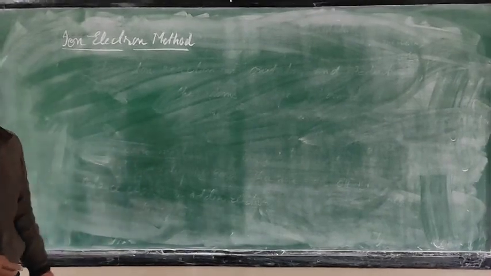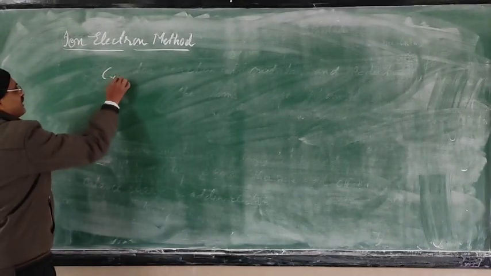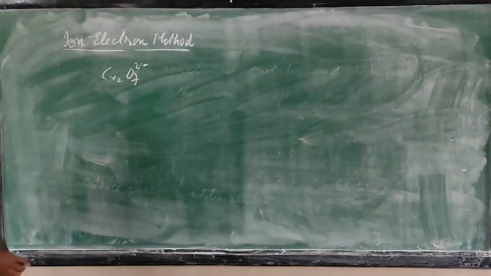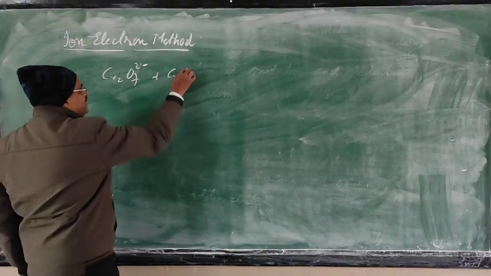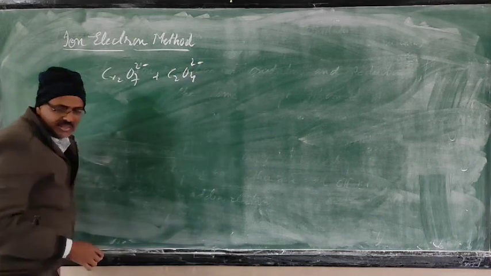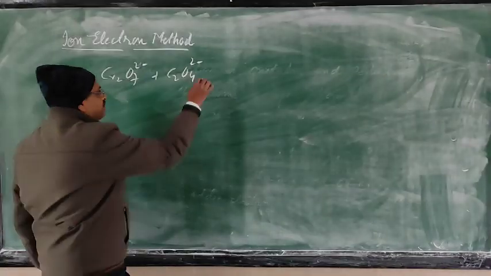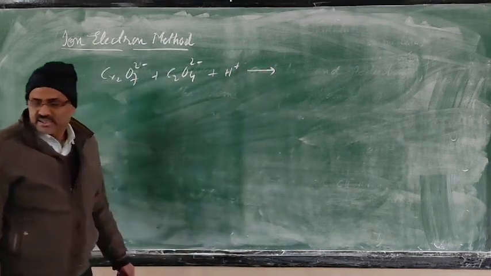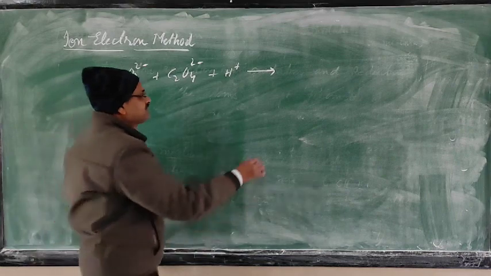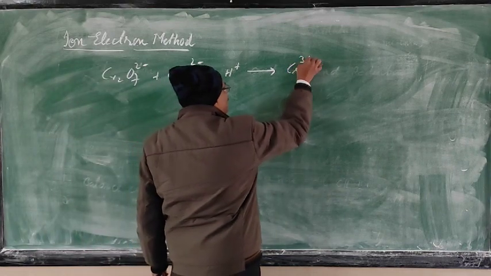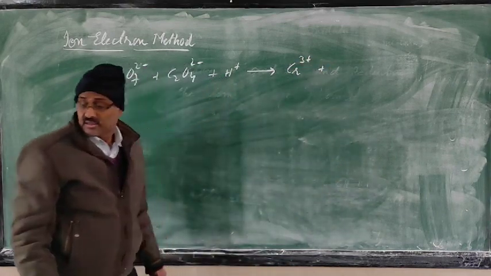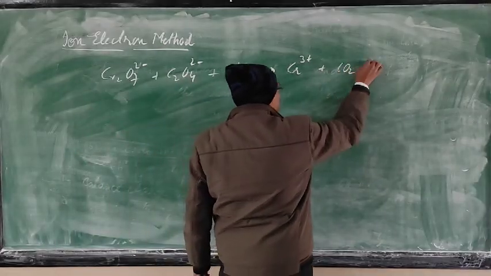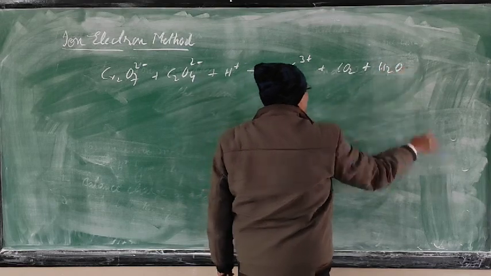So first, that is given: Cr2O7 2 minus, then oxalate C2O4 2 minus, then H plus, it will give Cr3 plus, then CO2 and H2O.